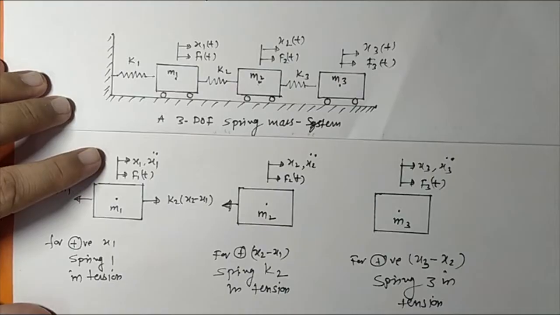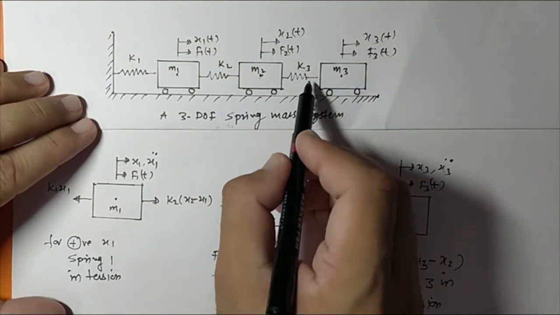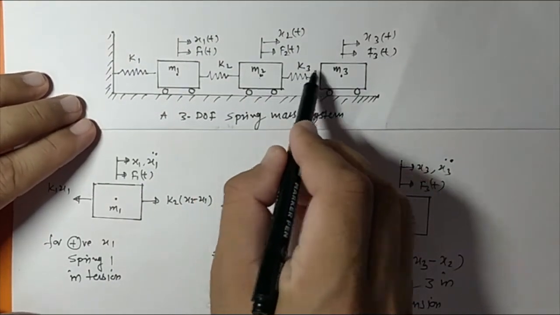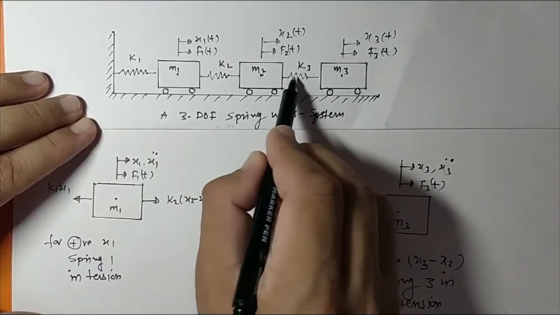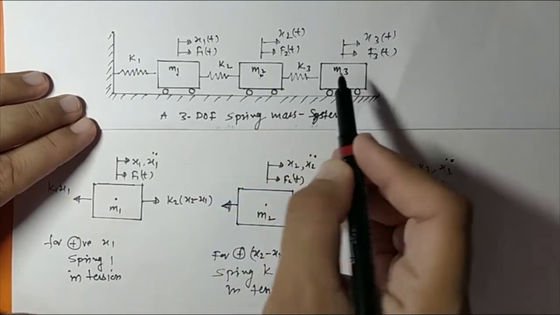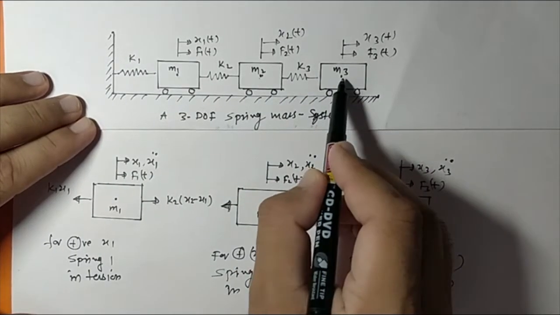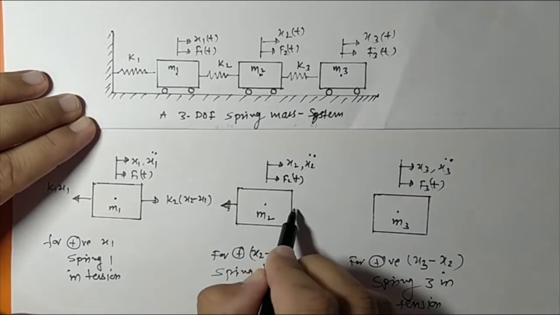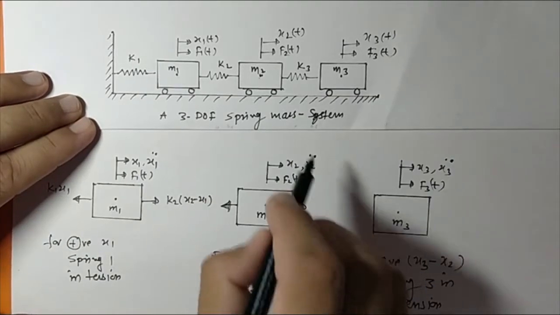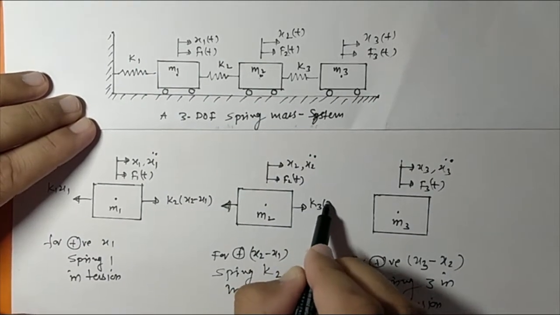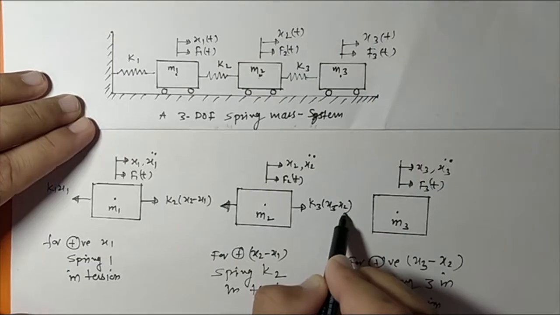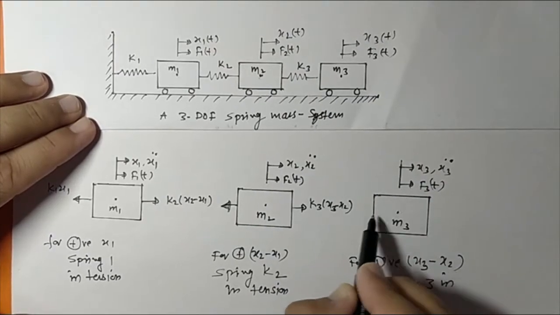So if spring 3 is in tension, then this spring will exert a force k3(x3 minus x2) in the rightward direction on this mass and a force in the leftward direction on mass m3. So this is the force exerted by the k3 spring, k3(x3 minus x2), and on mass m3 this force would be in this direction.